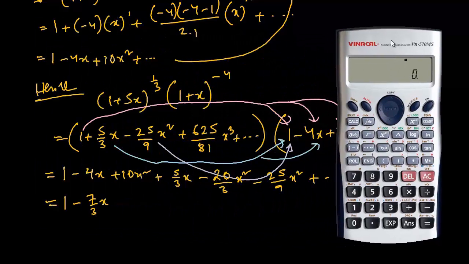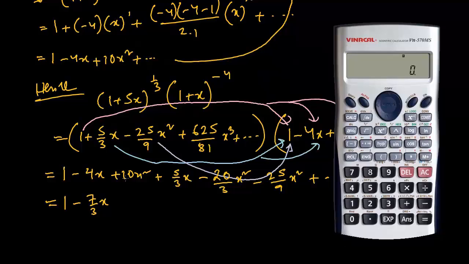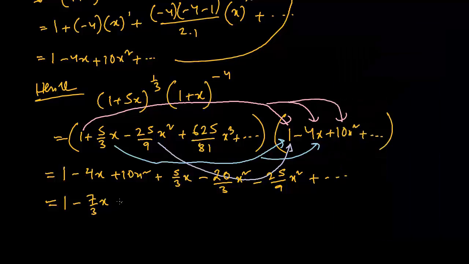So we have 10x squared minus 20 by 3 x squared, and we have minus 25 by 9, and it turns out to be 5 by 9. So this is going to be plus 5 by 9 x squared. That's it, that's all the expansion.